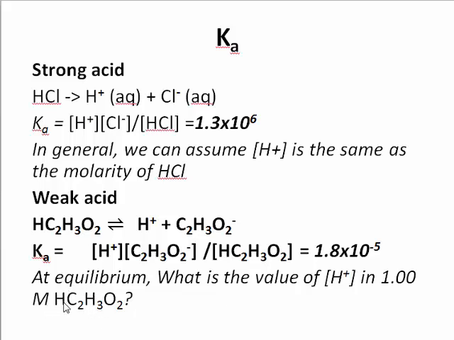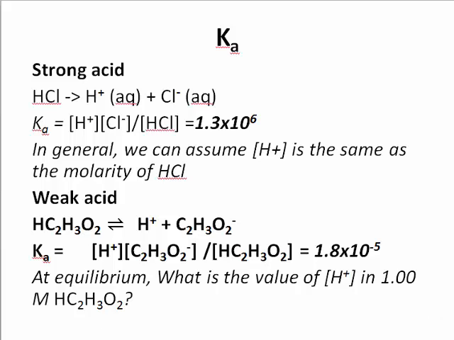We'll make a familiar assumption here. We'll assume a hypothetical non-equilibrium condition in which there is no H+, there is no acetate, we have 1 molar acetic acid, and the reaction has to go to the right until Q equals K, or until equilibrium is achieved. If you like, you could stop the presentation and attempt this problem.